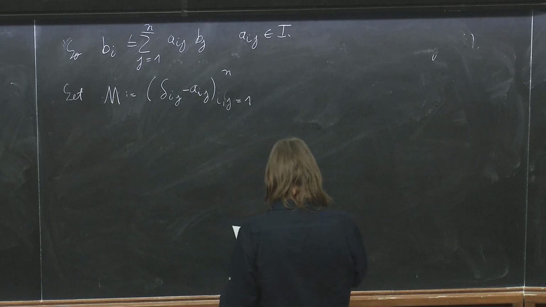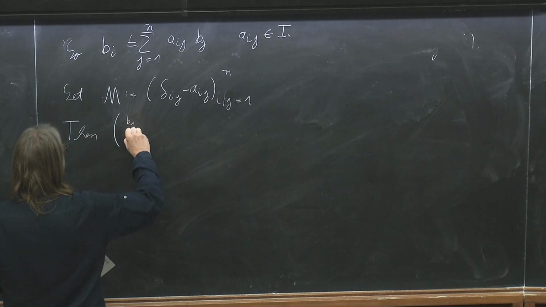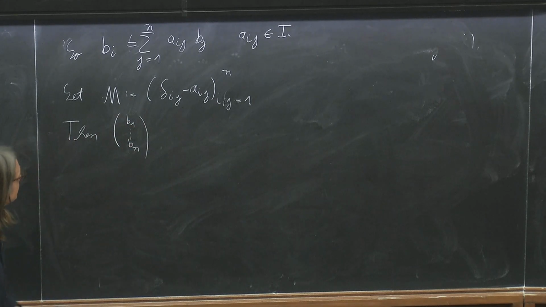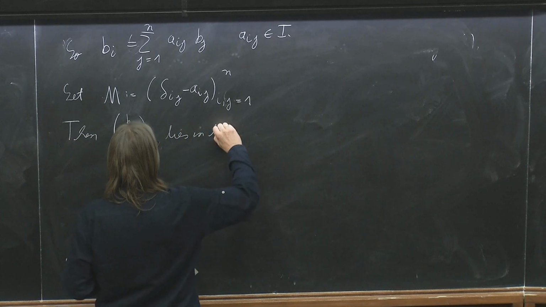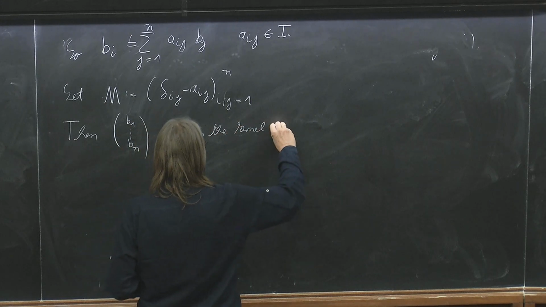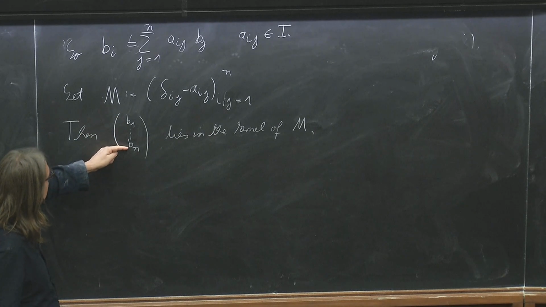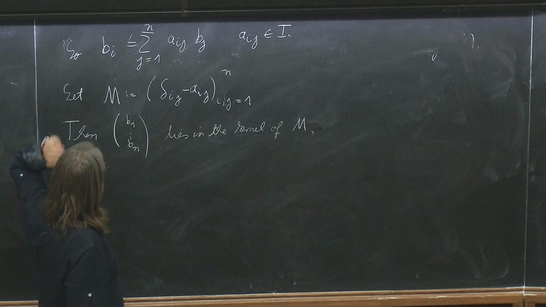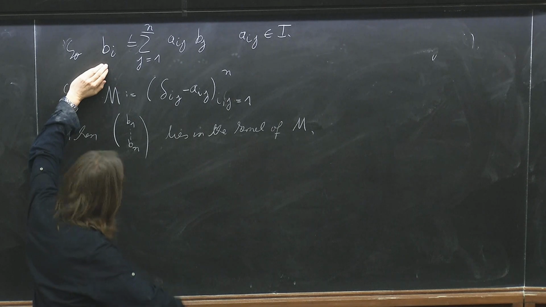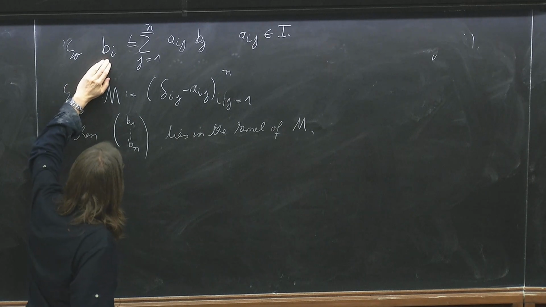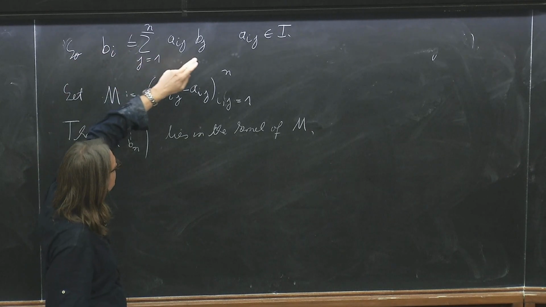So we have this matrix, and then we see again, if I take the vector b1 to bn, it lies in the kernel of this matrix. If we apply M to b1 to bn, we get precisely this thing: in the ith formula, we get bi minus the sum j equals 1 to n of aij bj.